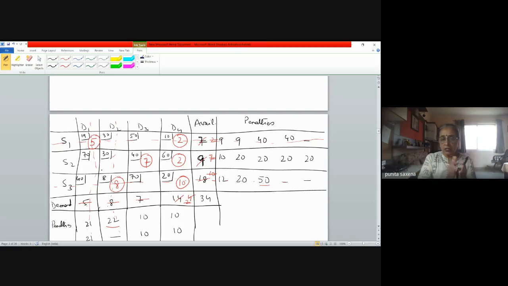So this is the second step that we have completed while solving a transportation problem. We check if the problem is balanced or not. If it is balanced, we proceed. If it is not balanced, we balance the unbalanced transportation problem. That is step number 1. In step number 2, we find the initial basic solution. That could be obtained by using any of the 3 methods: northwest corner, least cost, or Vogel's approximation.